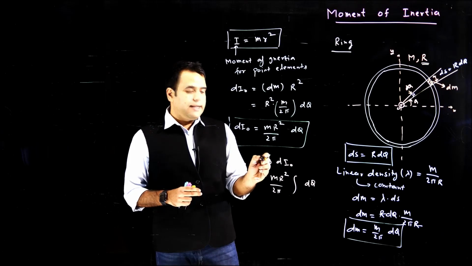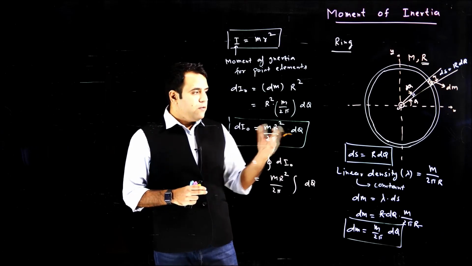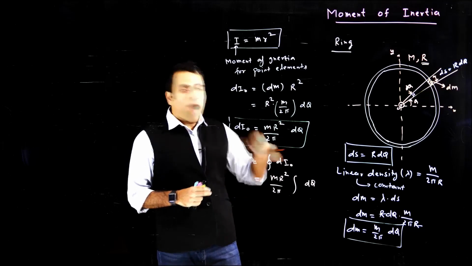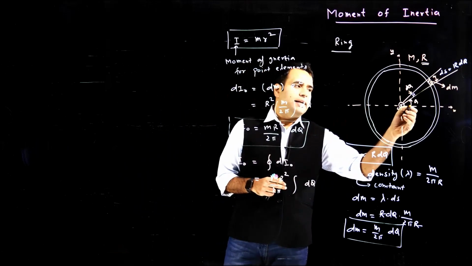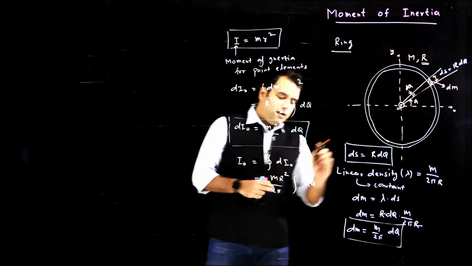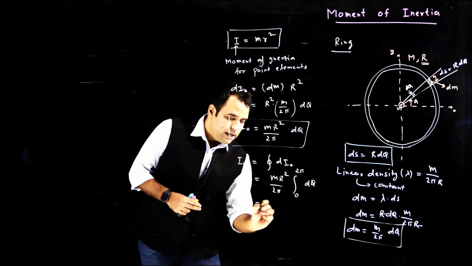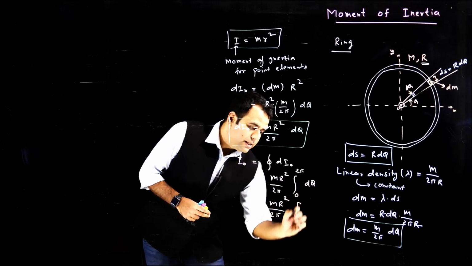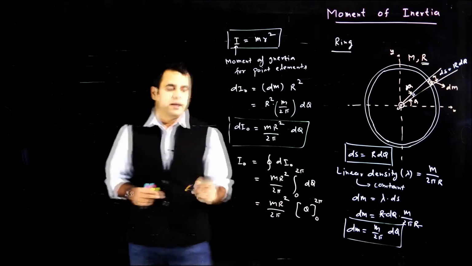This sign is the sign for complete integration, so we have to take the limits. We have to take the limits in such a manner that the whole object is covered. So obviously if I start theta from 0 and move it till 2 pi, my whole object will be covered. So I'll be going from 0 to 2 pi. If I do the integration, the integration of d theta is theta from 0 to 2 pi.